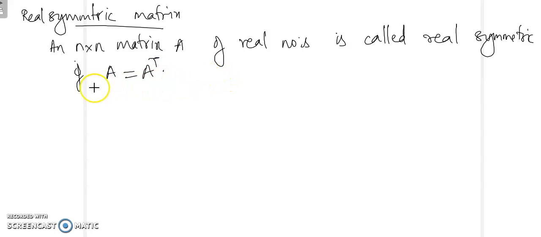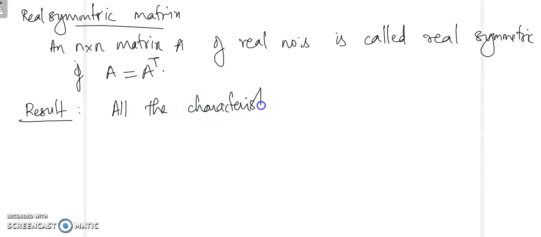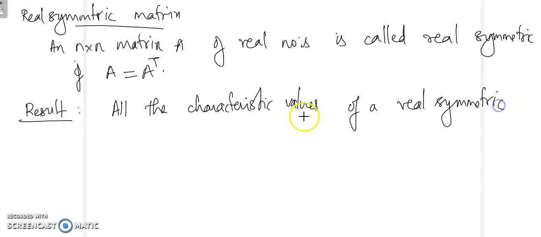So if A is equal to A transpose, the matrix is said to be real symmetric. Now when you have a real symmetric matrix, we'll look at a few results. If you have a real symmetric matrix, then all the characteristic values of a real symmetric matrix are real numbers.